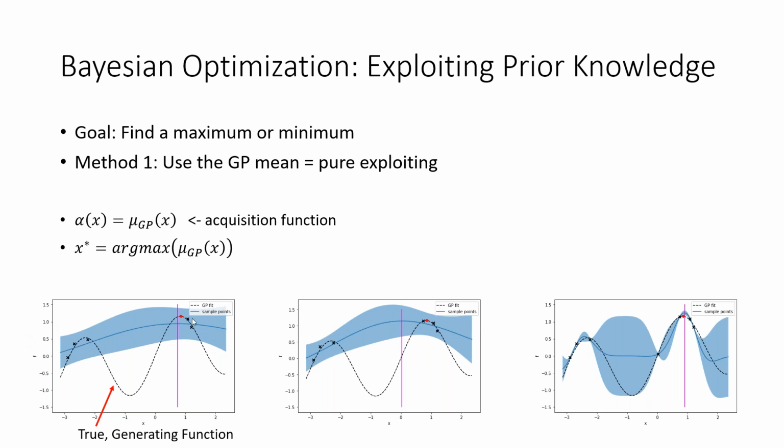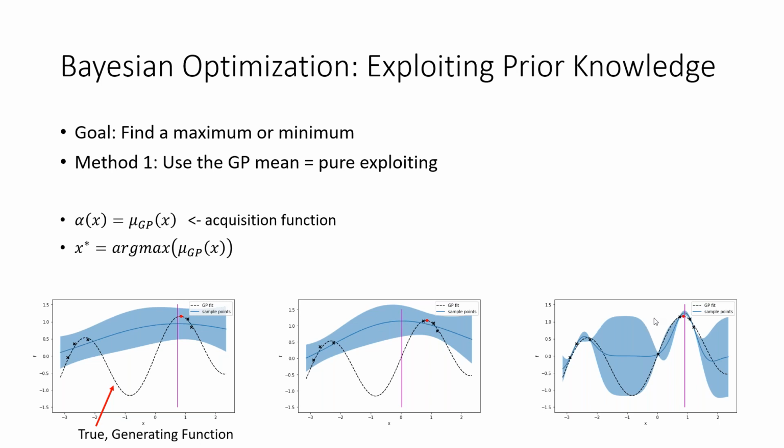One thing we can do is use this curve and say that the maximum of this estimated curve is where we want to measure our next point. In this case, the red dot here is the true maximum, and our GP says that it's expecting the maximum to be over here. So we're going to measure our data point over here. We measure this data point, and now the GP is predicting that the maximum is over here.